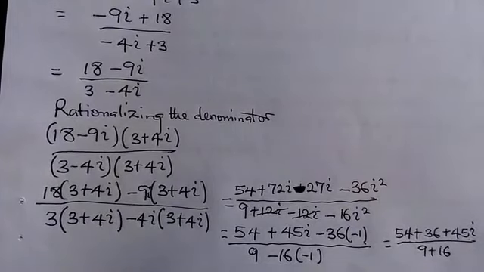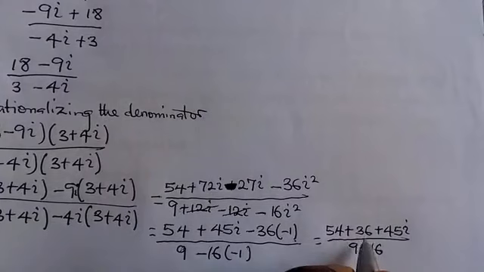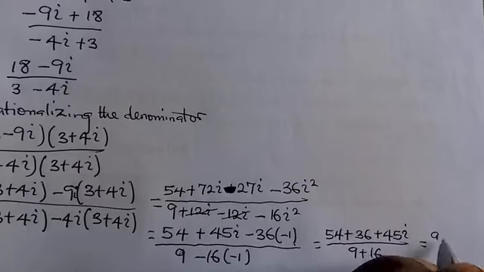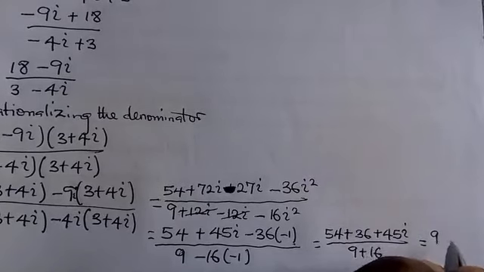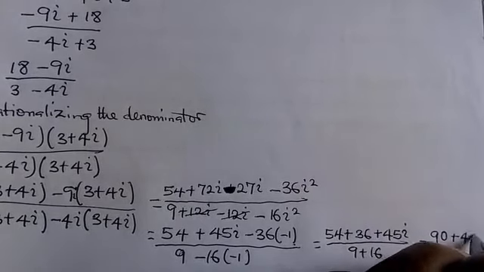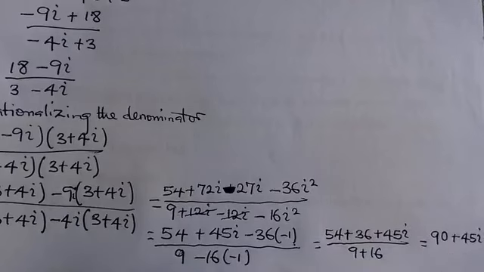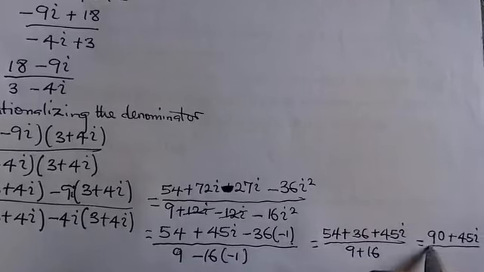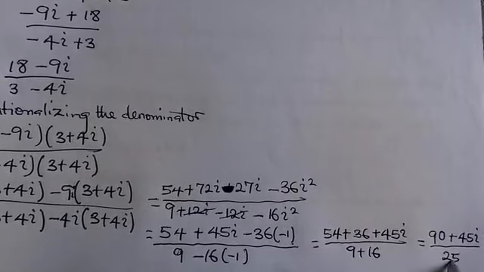So at this point, we have 54 plus 36 giving us 90. We have 90 plus 45i divide by 25.